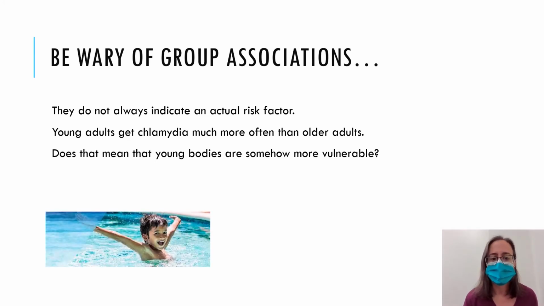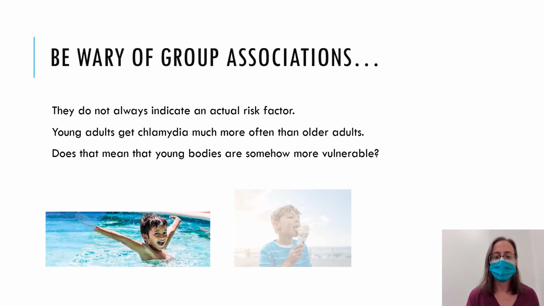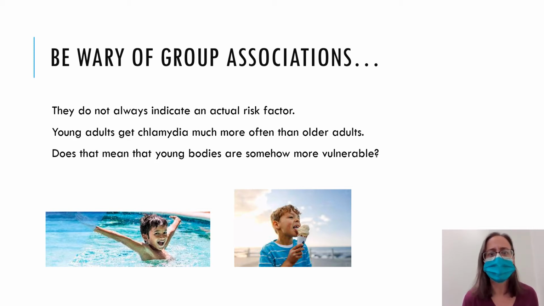The book gives a really nice example of how in communities where drowning rates are higher, there are also higher rates of ice cream consumption, right? So does that mean that eating ice cream increases your risk of drowning?